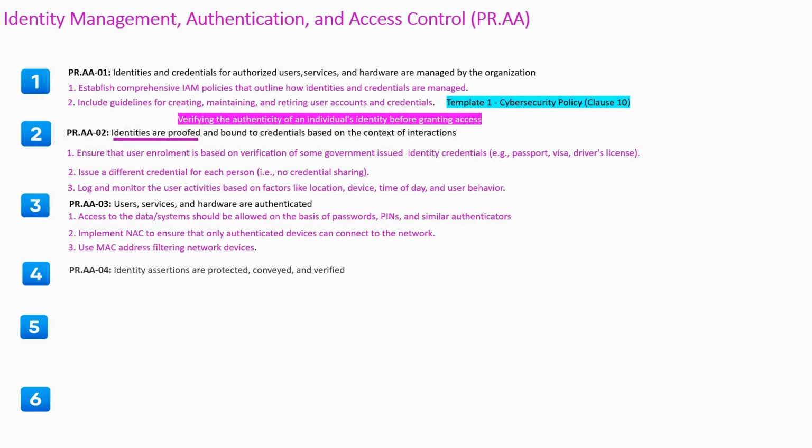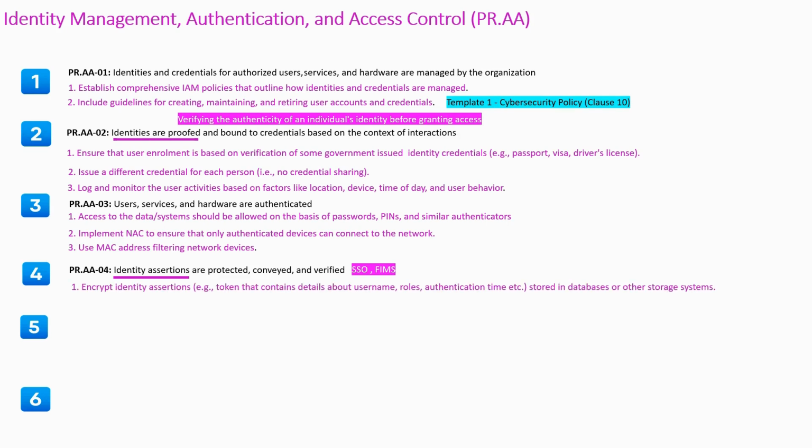The fourth subcategory requires that identity assertions are protected, conveyed, and verified. Identity assertion is the process of verifying that a specific identity, maybe a user or a system, is genuine and authorized to perform certain actions. It is primarily used in single sign-on sessions and federated identity management systems.